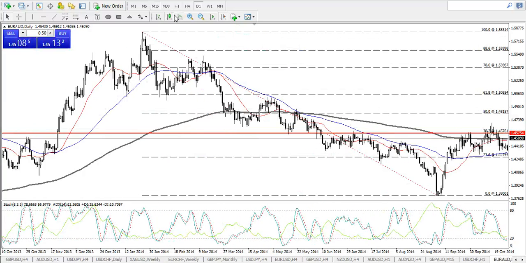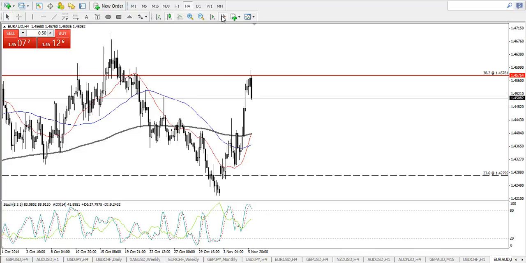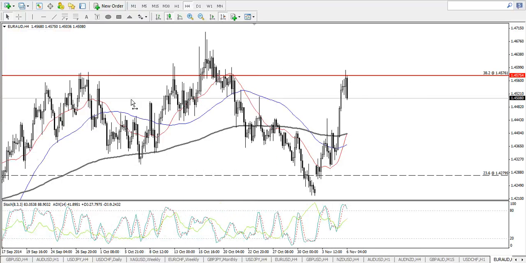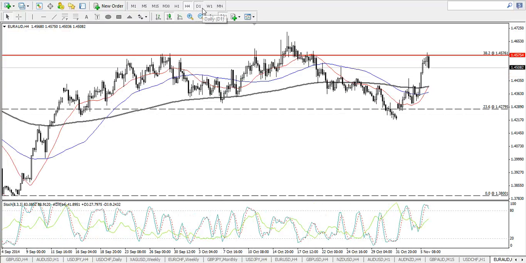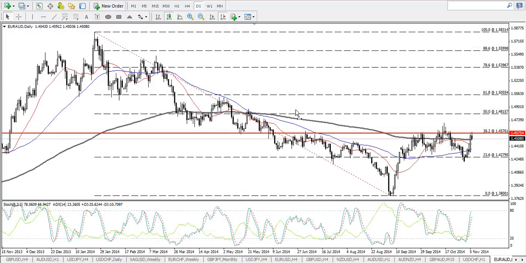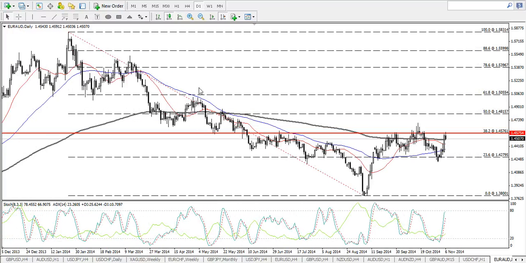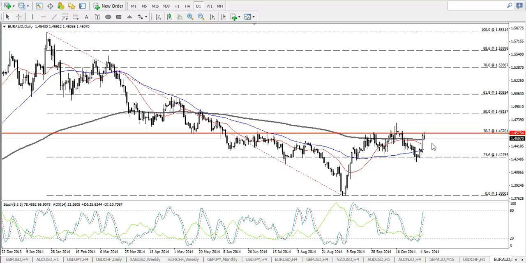Alright, and finally, I would like to touch on the euro against the Australian dollar. This is something that's really very interesting. I would like to go to the daily chart first. You can see that over here I've plotted a Fibonacci retracement, and right now price has been resisted at the price of 1.4576, retracement level of 38.2%.